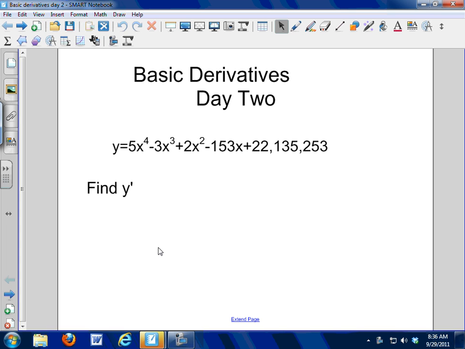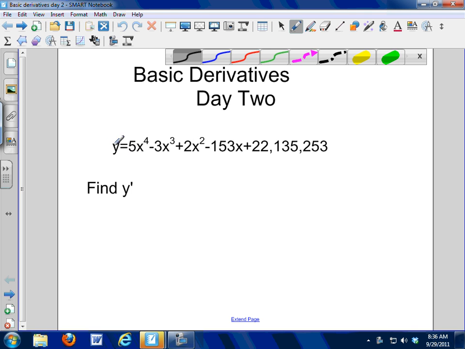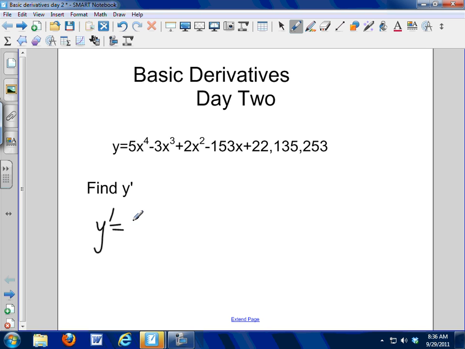Welcome to, well, you were expecting equations of tangent lines, but really we're going to start out with basic derivatives, day two. Typically what happens is someone's absent on the day when we discover the rules for finding derivatives, and they'll come back and we'll say, okay, everybody, let's do this problem. Folks who weren't here are going to start doing it with the limit as delta x, and the rest of us would just go, oh, we can do the derivative of this.